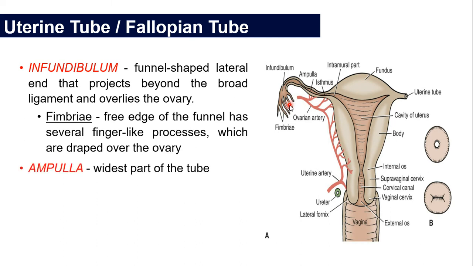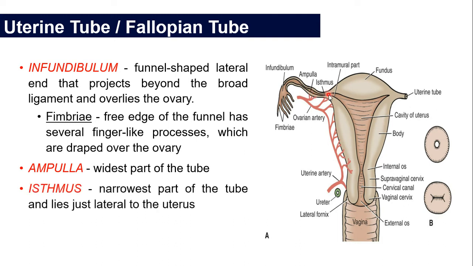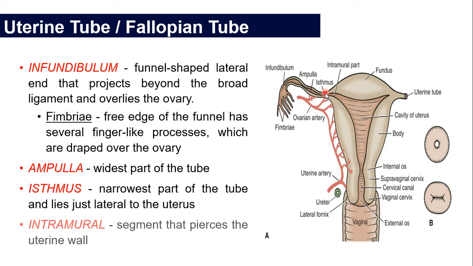Next is the ampulla, which is the widest part of the uterine tube. Next, we have the isthmus, the narrowest part of the tube, which lies just lateral to the uterus. Lastly, we have the intramural part, the segment that pierces the uterine wall.